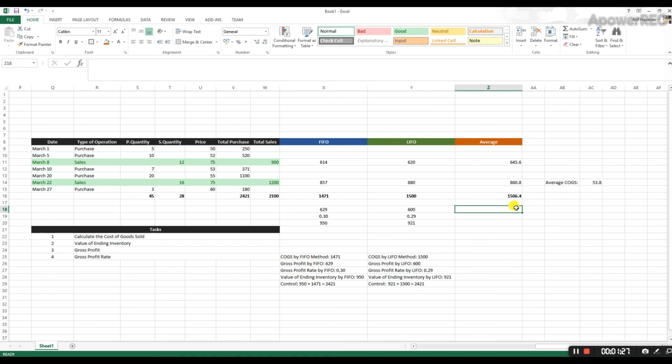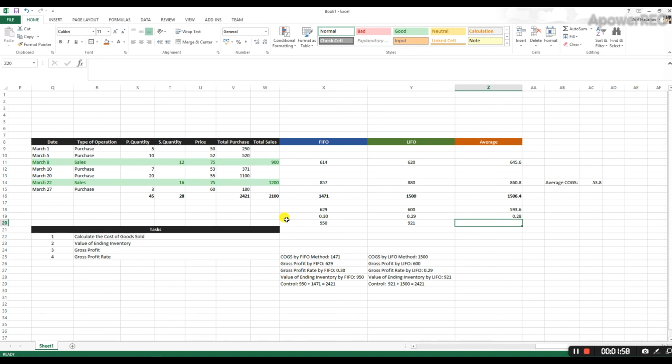Profit equals total sales minus cost of goods sold of some method. This is the gross profit. And we divide this gross profit by the total sales. This makes our gross profit rate.